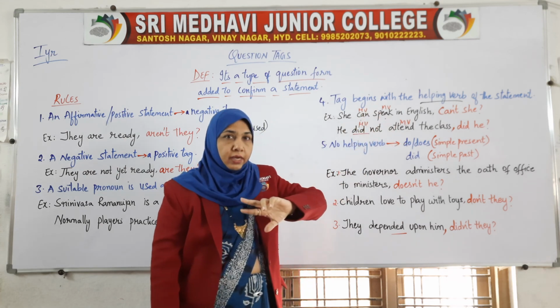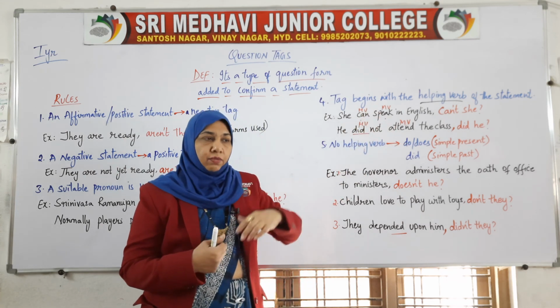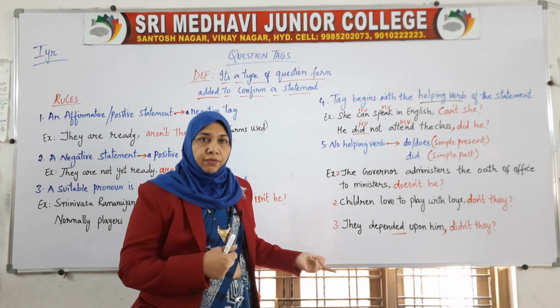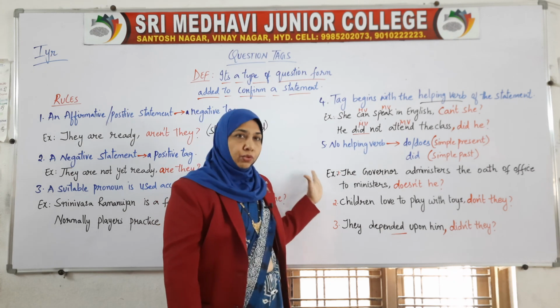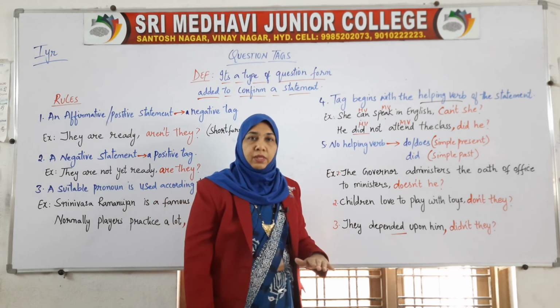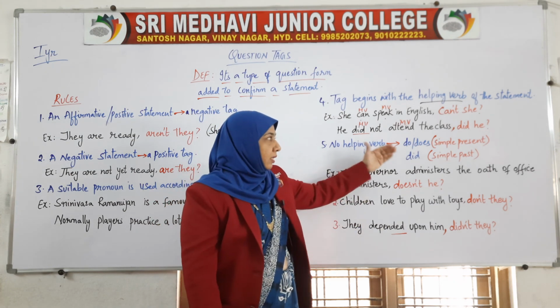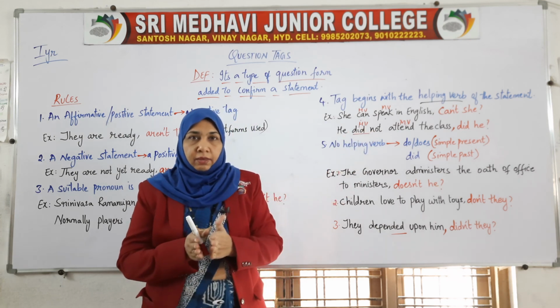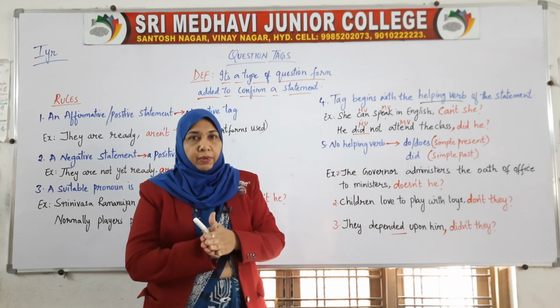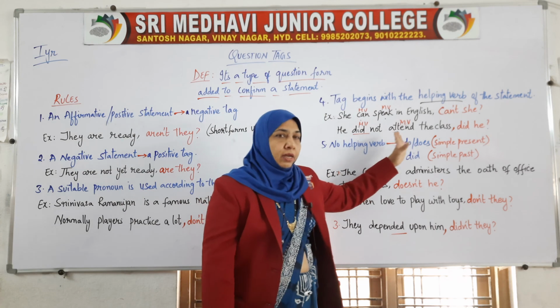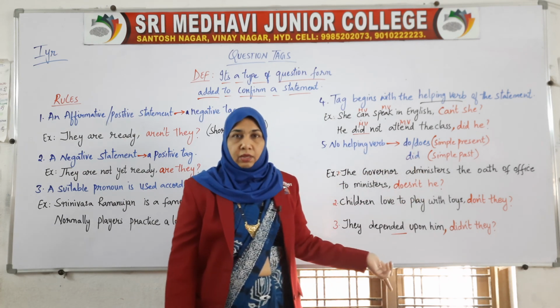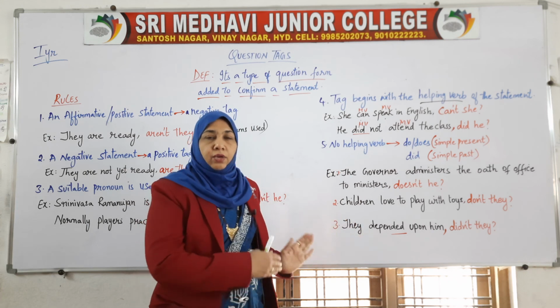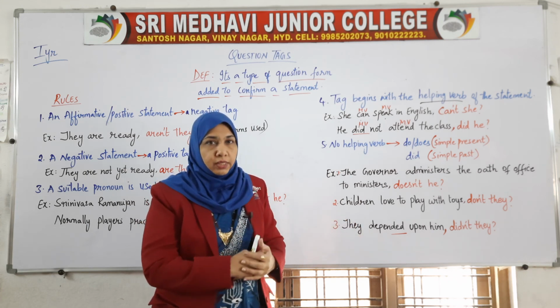If the statement is negative, we have to go for the positive helping verb at the end. And the 5th rule is, if no helping verb is there, we have to see whether the sentence is in simple present or simple past, and then use the helping verb at the end of the statement to form a question tag.